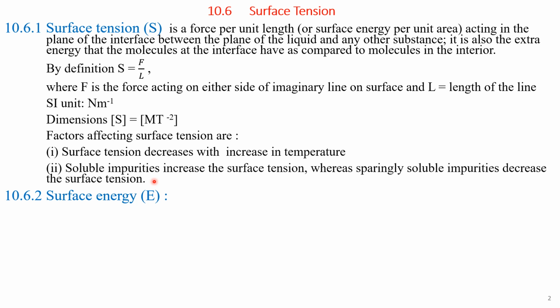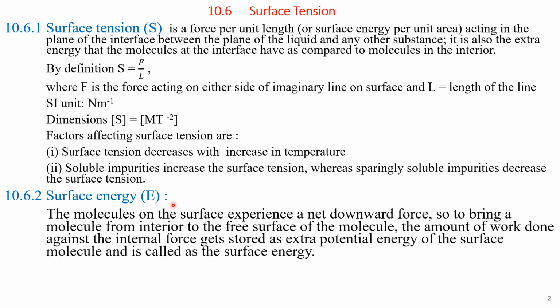Now we will further define a term called surface energy, which is represented by symbol capital E. The molecules on the surface experience a net downward force, so to bring a molecule from the interior to the free surface, the amount of work done against the internal forces gets stored as extra potential energy of the surface molecule, and this is called surface energy.